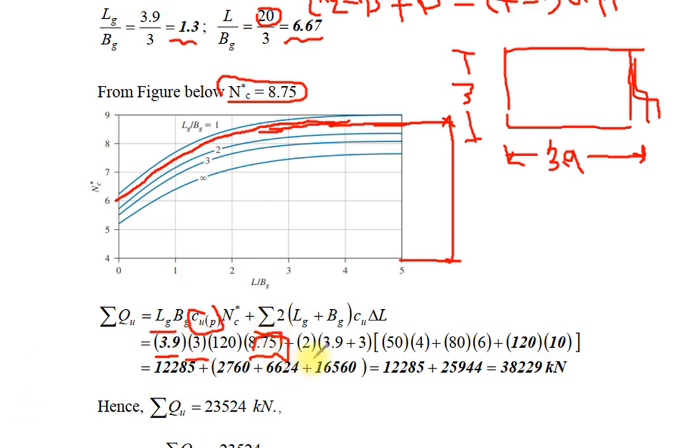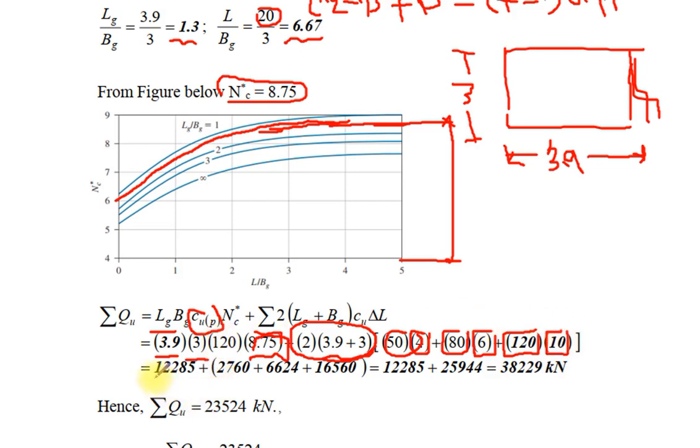Now to compute the skin friction by this method: 2 multiplied by 3.9 plus 3, the perimeter of the block, multiplied by the undrained cohesion for the first layer by the thickness of the first layer, plus the undrained cohesion for the second layer multiplied by the length of the second layer, plus the undrained cohesion for the third layer multiplied by the thickness of the pile in the third layer.